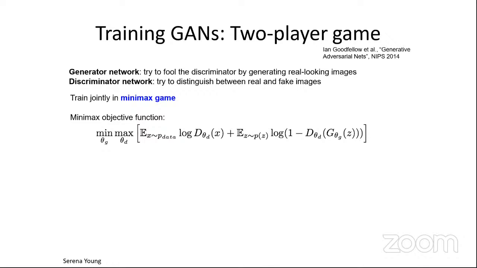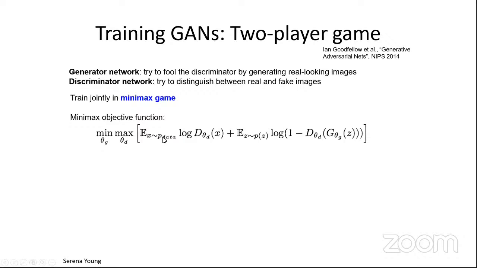Now, this E stands for expectation. Expectation is nothing more than an average. So we pick up, let's say, a small batch of training examples. These training examples are supposed to come from the real data generating distribution. The real data has the distribution denoted by P data.